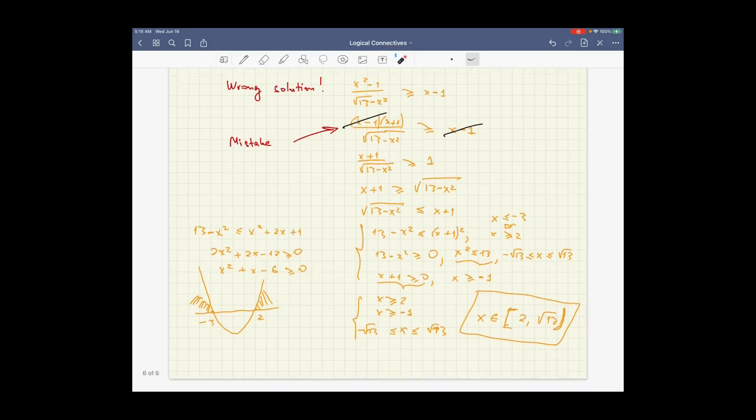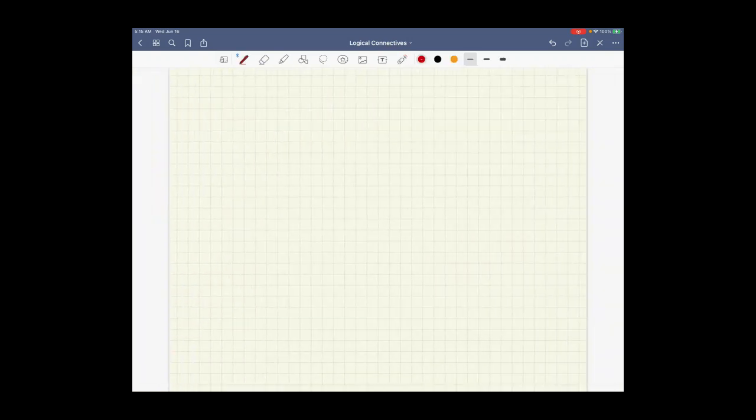So here is now the correct solution. Remember the inequality was x squared minus 1 over root 13 minus x squared is greater or equal than x minus 1. I strongly recommend that you keep all your algebra in a chain of biconditionals.